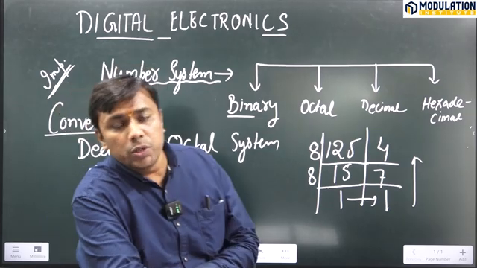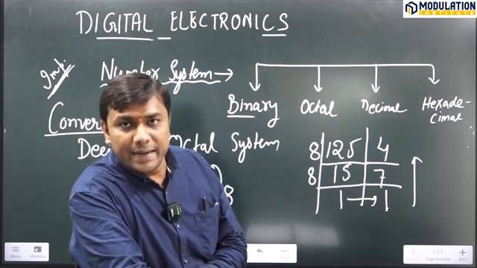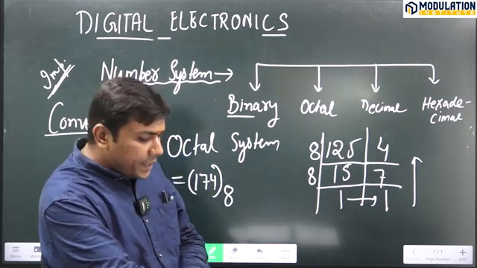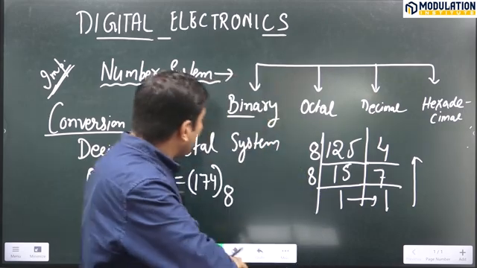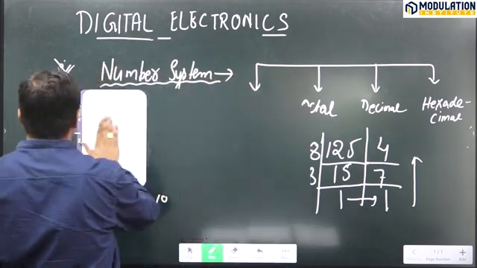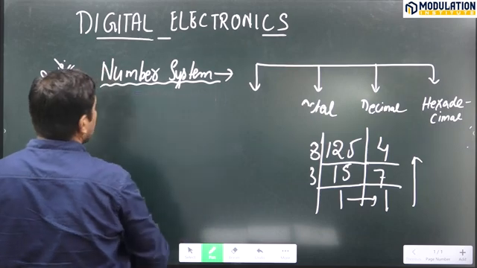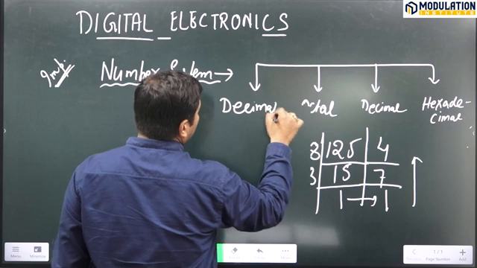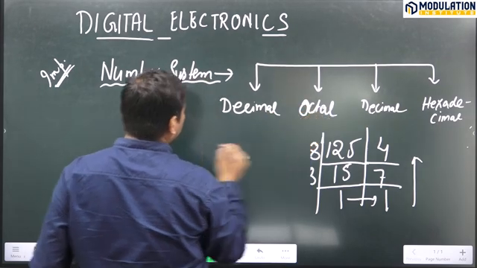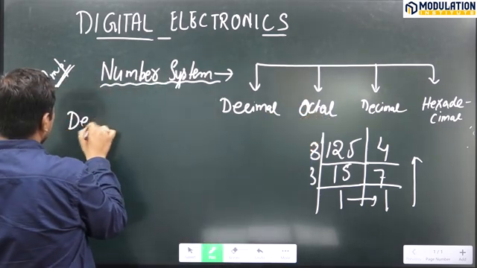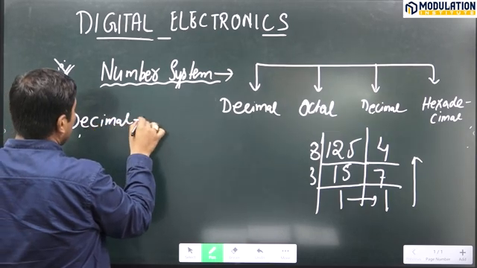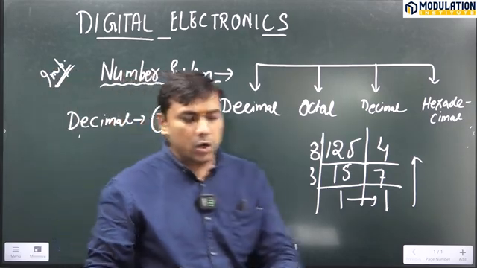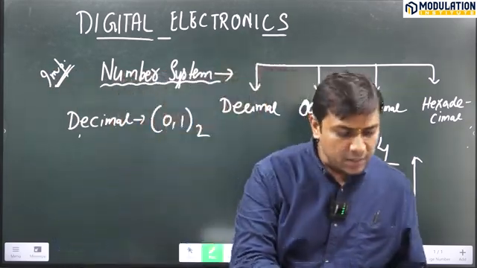In the same way we can do the conversion of decimal to hexadecimal. I would explain to you the number systems. This is the example. This one is the decimal number system.